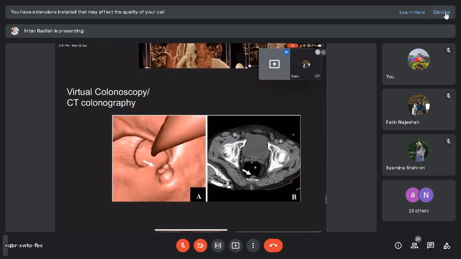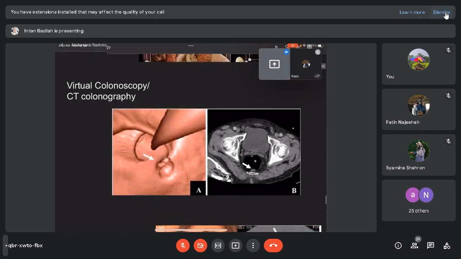This is a virtual colonoscopy, CT colonography that we do. Has anyone seen this procedure? It's not quite common, but we do a few cases every week. Usually the patient needs to lie both supine and prone.